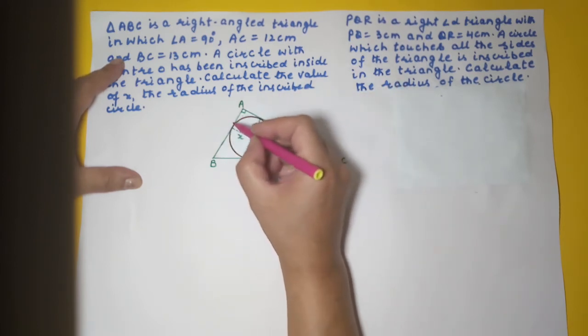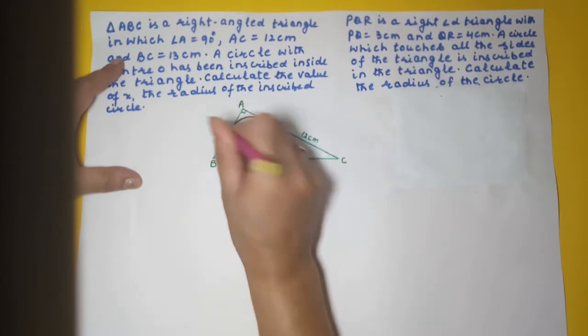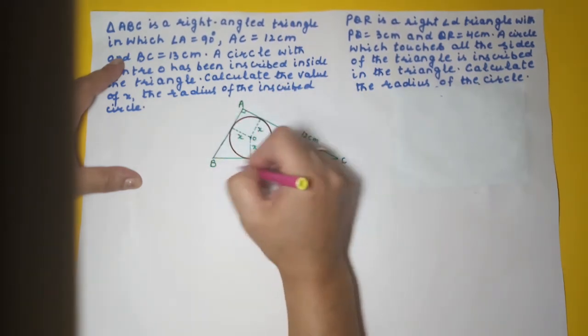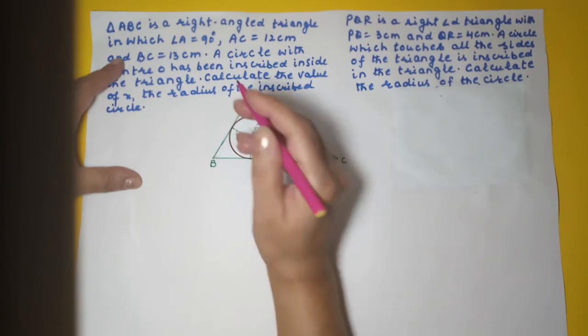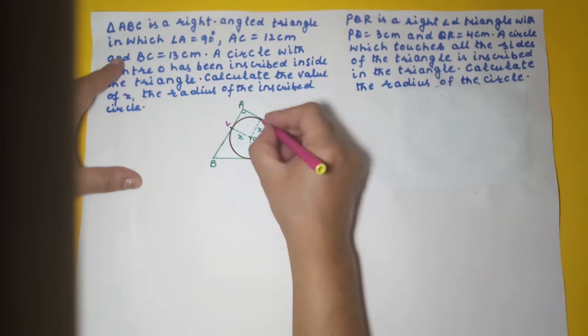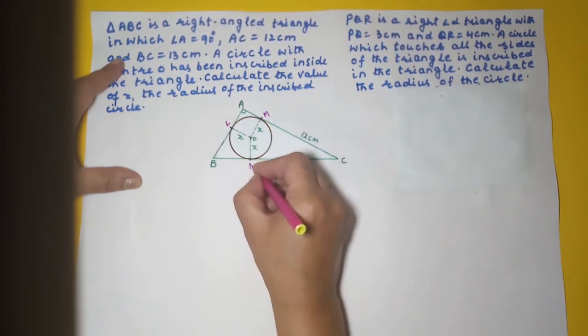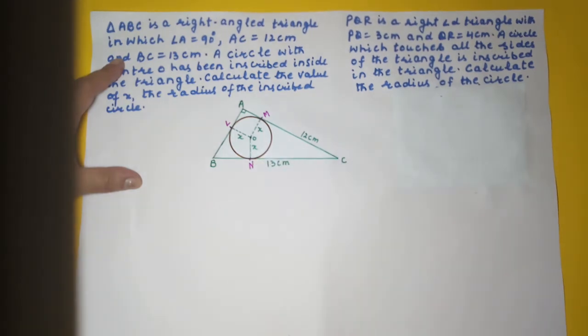Now, if you look at this point O and this is the point of contact because all the three sides of the triangle are tangents to this circle. So let's assume that this is L and this is M and this is N. So these are the 3 points of contacts, right?